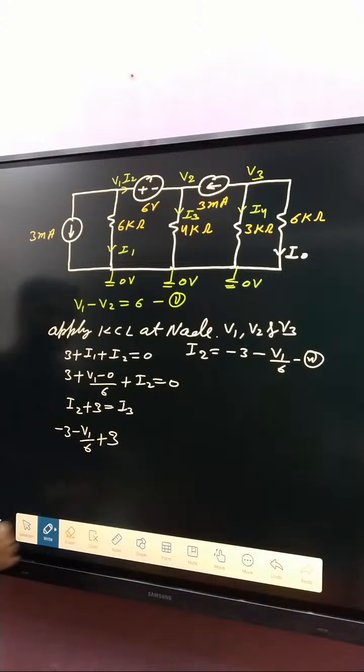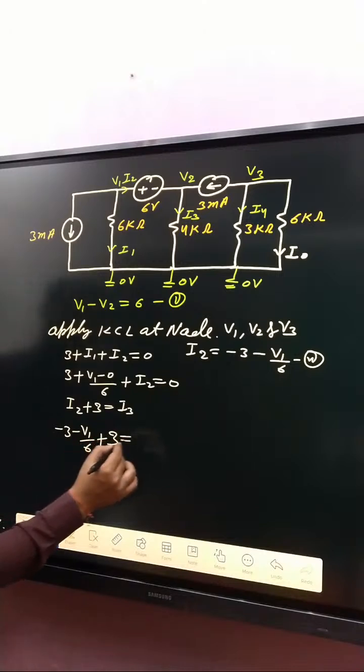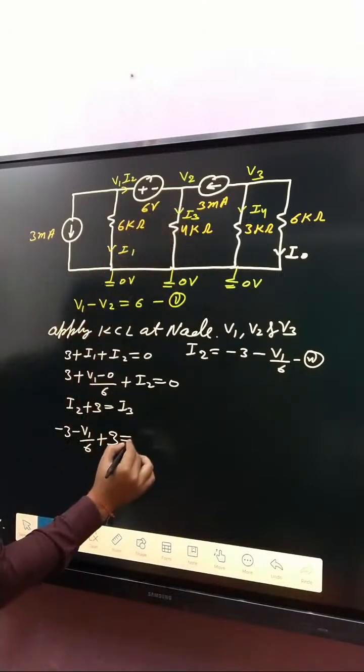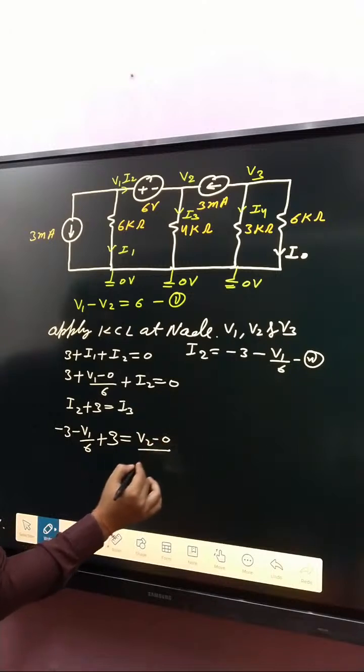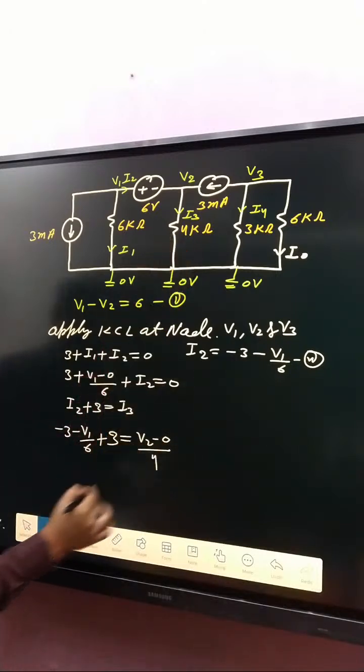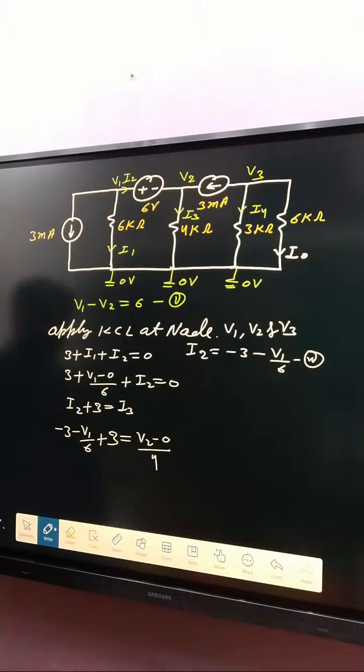Okay. That value put here. This will equal to I3. I3 is how much? V2 minus 0 divided by how much? 4. 4 kilo ohm. Okay. 3 and 3 are cancelled out.